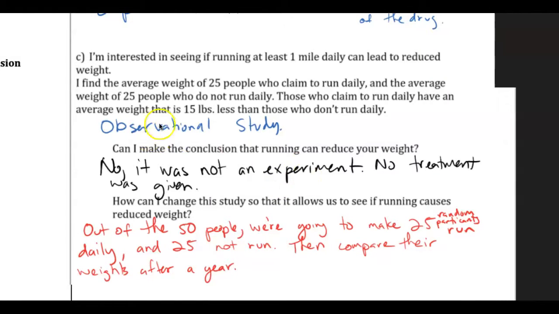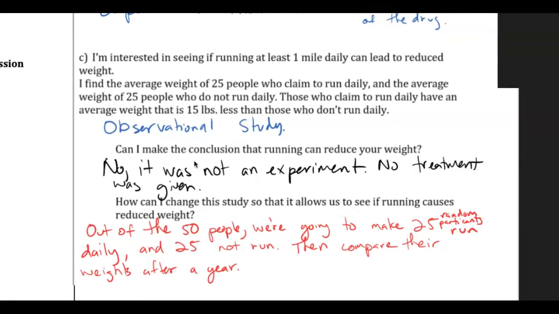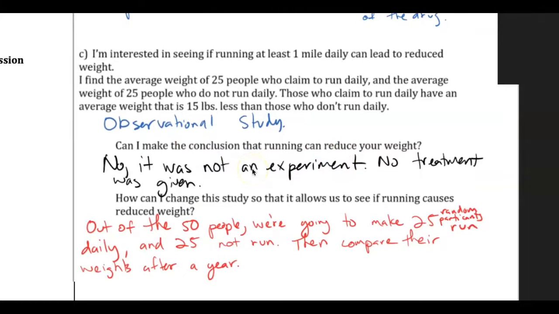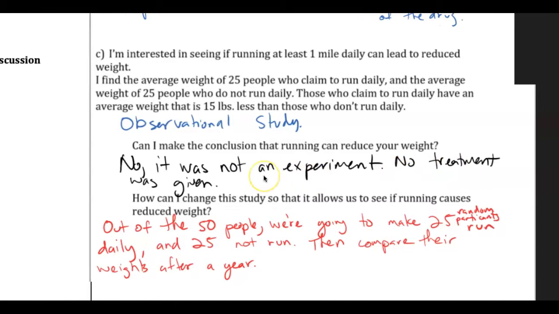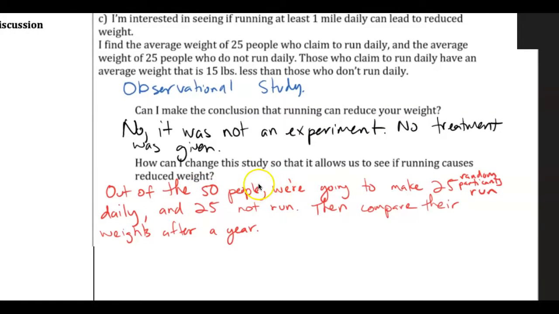In this case, the way this original one is set up, it's an observational study. And because it's an observational study, you cannot conclude that one thing affects the other. We may have a relationship or association, but we cannot say that it's a cause and effect relationship because no treatment was given.